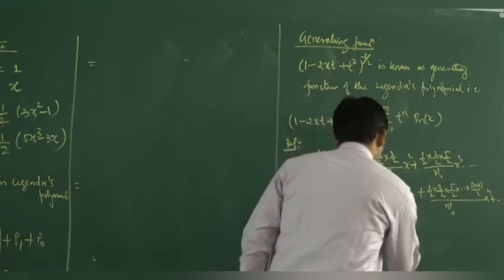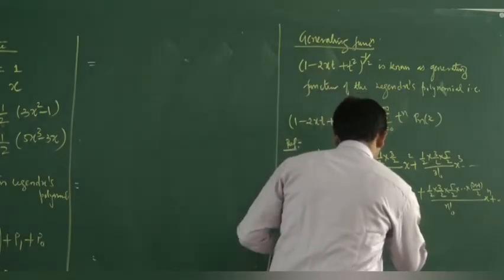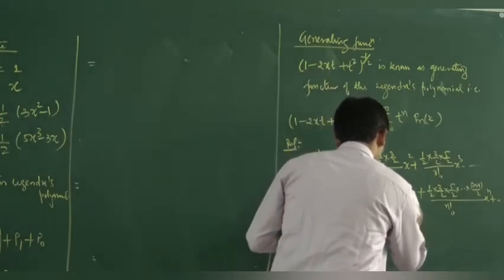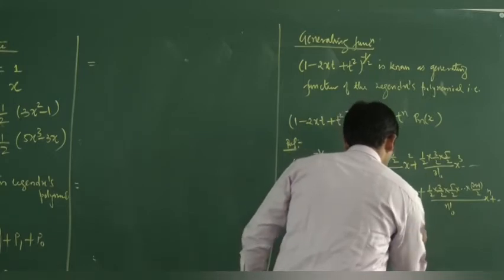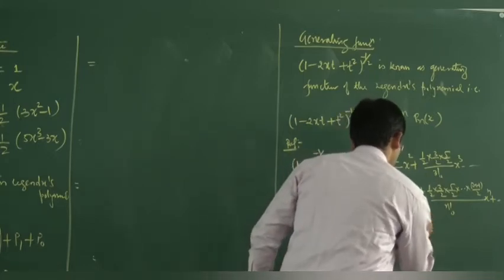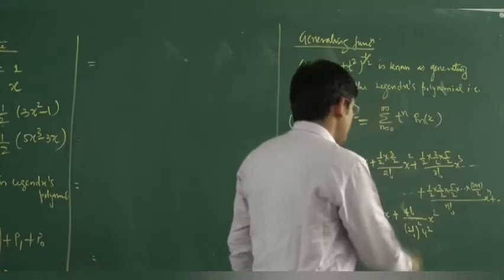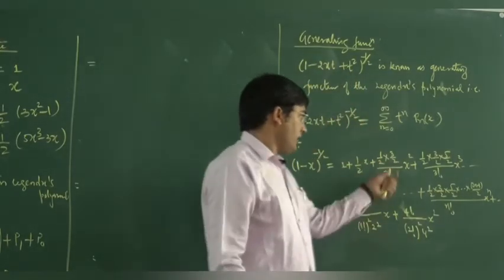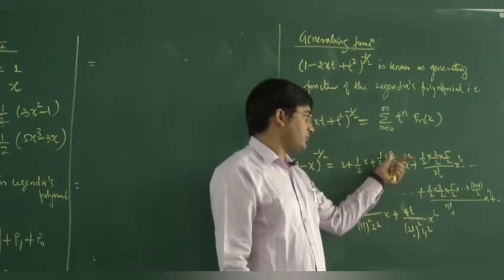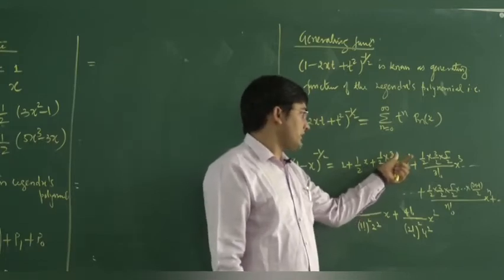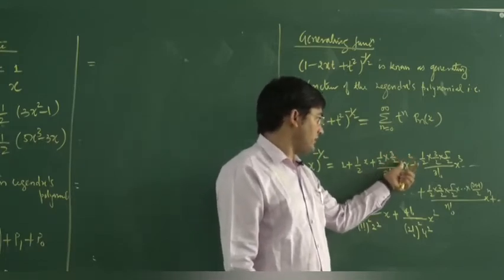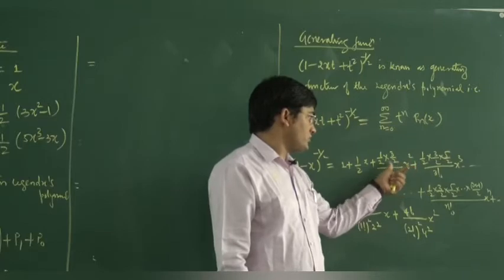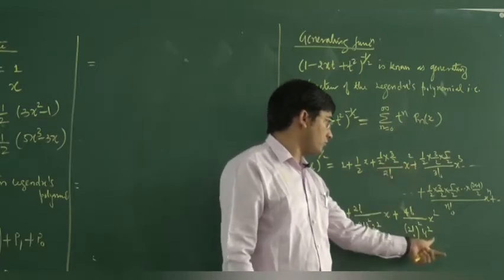Now the next term can be written as factorial 4 upon (factorial 2) whole square, 4 square, into x square. We can rewrite this one like this. Here we do not have 4 in the numerator, so let us write 4 in the numerator and divide it by 4. Then you can see that this is your 4 and we have a 4, so this will be 4 whole square.